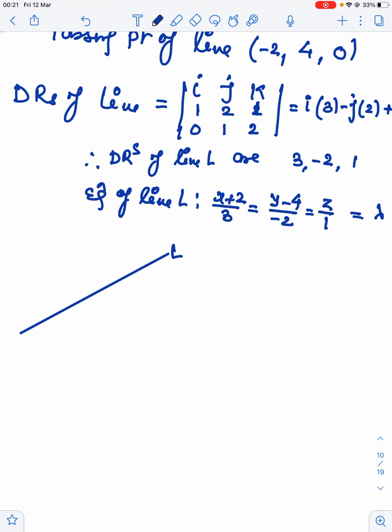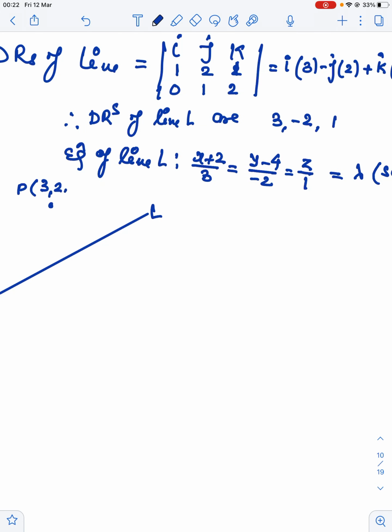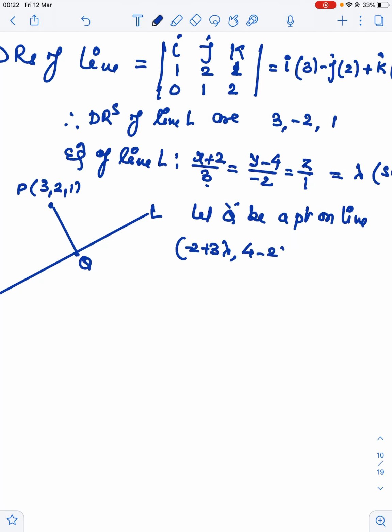If this is our line L, and with respect to the point (3, 2, 1), let us say this is P, let the foot of perpendicular be somewhere here, say Q. So let Q be a point on the line. In terms of lambda, Q is (minus 2 plus 3 lambda, 4 minus 2 lambda, lambda).